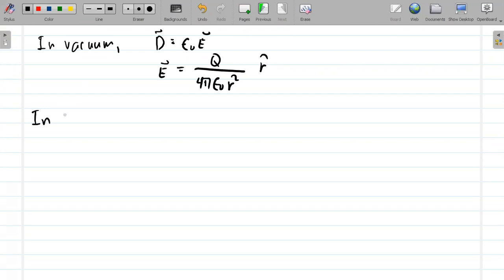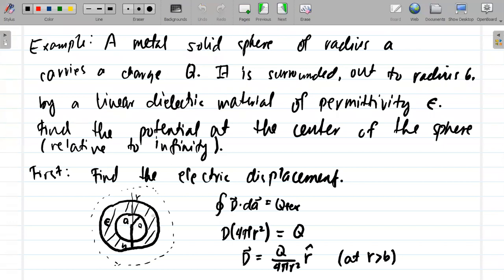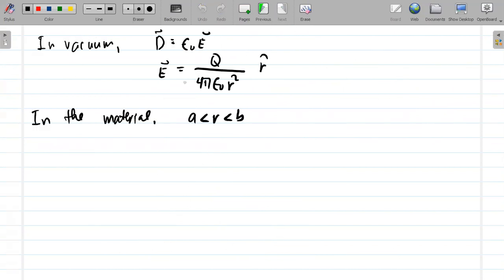Next, in the material, A is less than r, is less than B. So, nasa gitna. Titignan natin yung region na to, yung in the material na. We have D equals epsilon E. Diba?